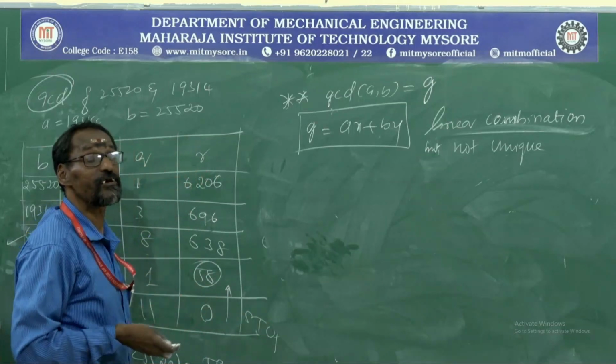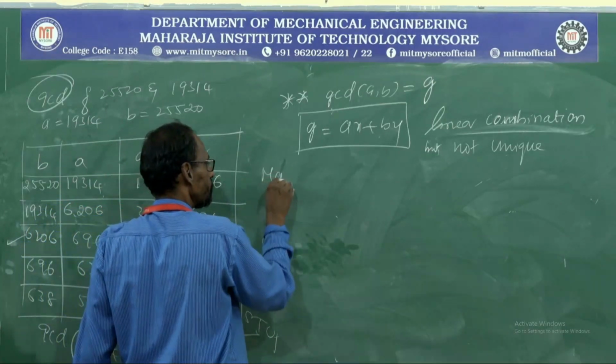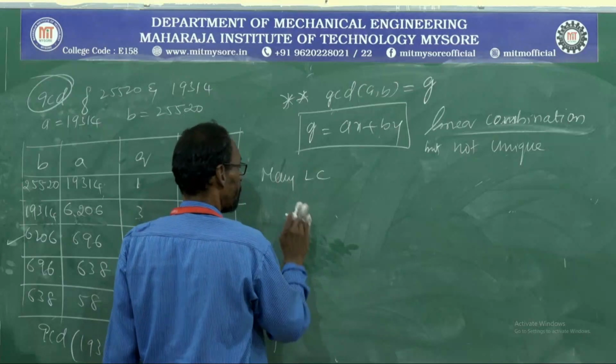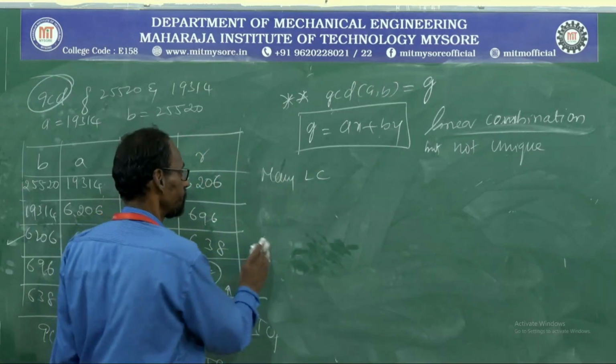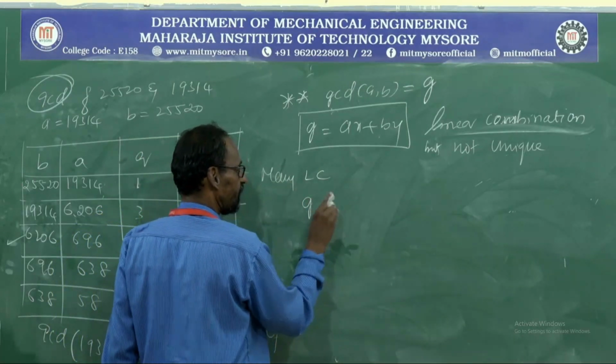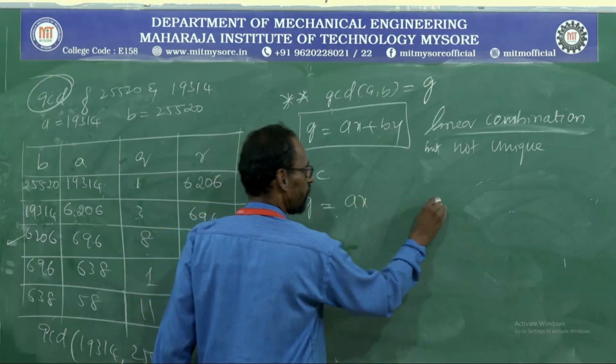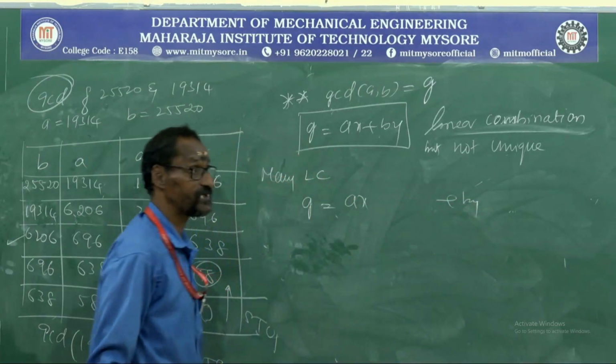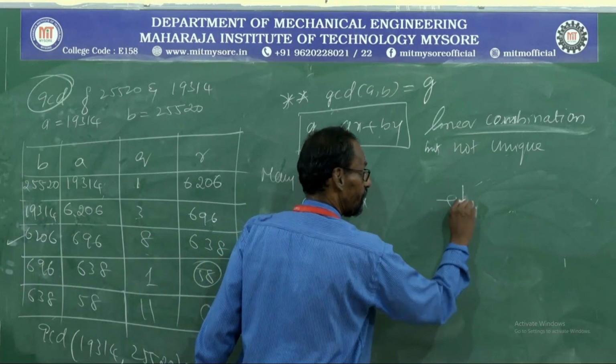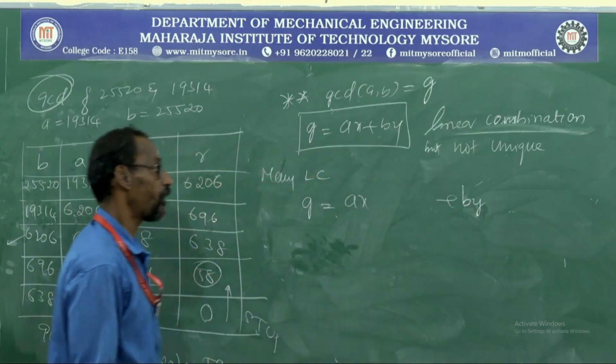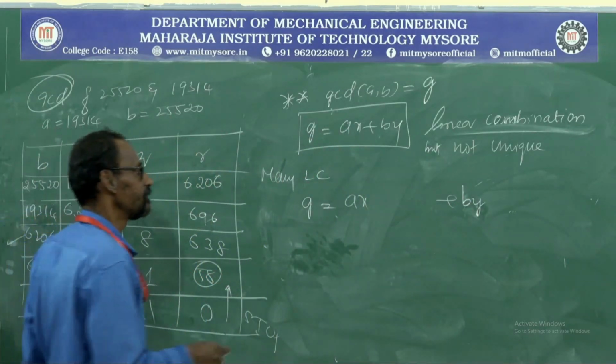How to get many linear combinations? LC means linear combination. We can write G equal to A into X plus B into Y. We already have one combination.